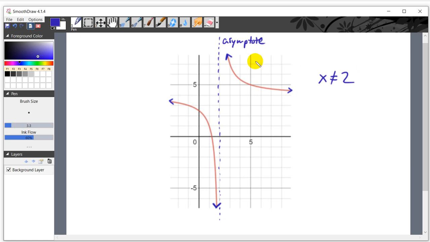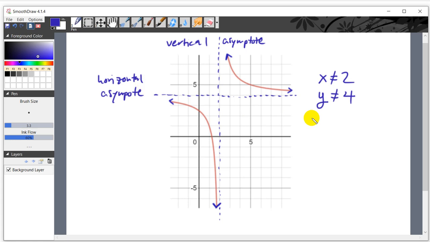X cannot equal 2. If we were to trace this here, you see what we have right here? This means that y can't equal 4. Based on what we have, y can't equal 4. So this is another asymptote, and if you decide to learn this in pre-calculus, this is called a vertical asymptote, and this is called a horizontal asymptote.